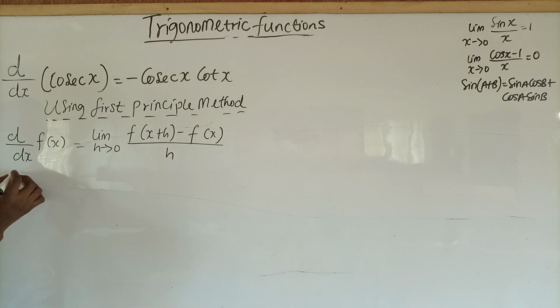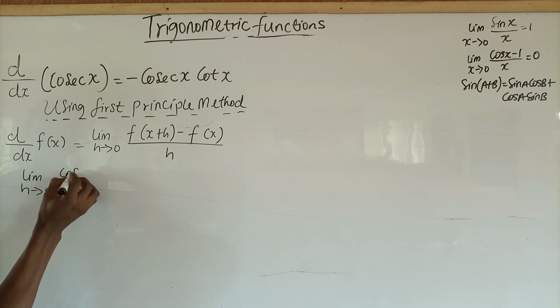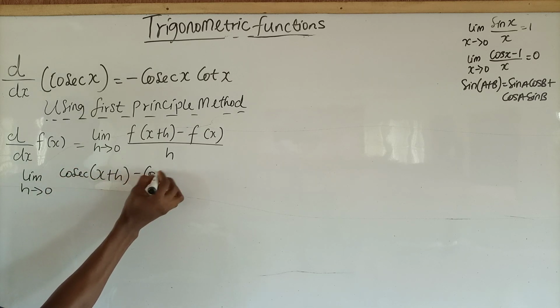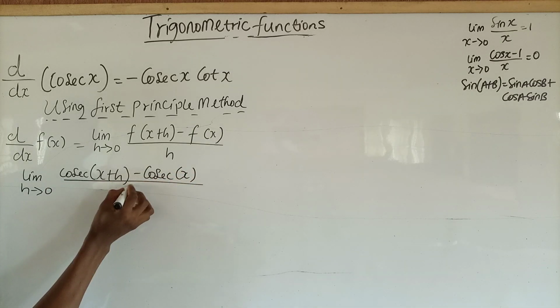Our f is cosec, so we have cosec of x plus h minus cosec x all over h.